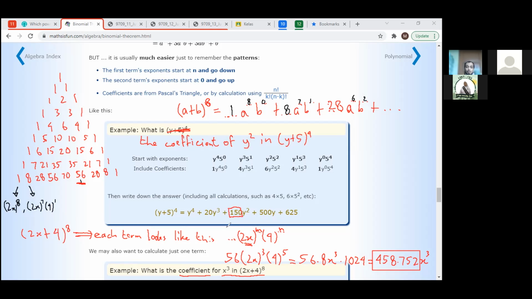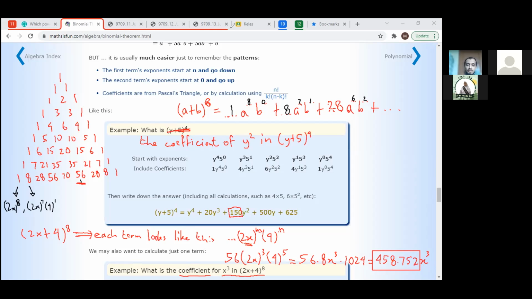And we try to figure out what the term looks like, and after we figure it out, then we just count it as usual, and we'll get the answer and the coefficient. Ya, kurang lebih seperti itu. Jadi yang dicari adalah koefisien, bukan x-nya, tapi koefisien saja.